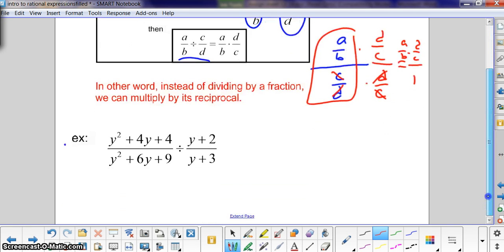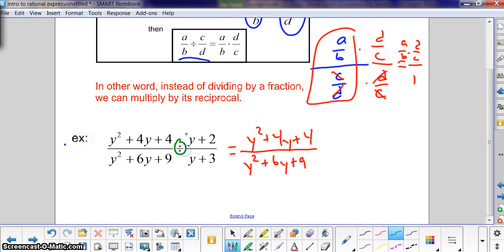And let's put that into practice right away. So you can see here I have this trinomial over another trinomial divided by y plus 2 over y plus 3. So instead of thinking of it as dividing by this fraction, I can take my original y squared plus 4y plus 4. Again, the original fraction doesn't change. This is going to stay exactly the same. But now this division is going to become multiplication.